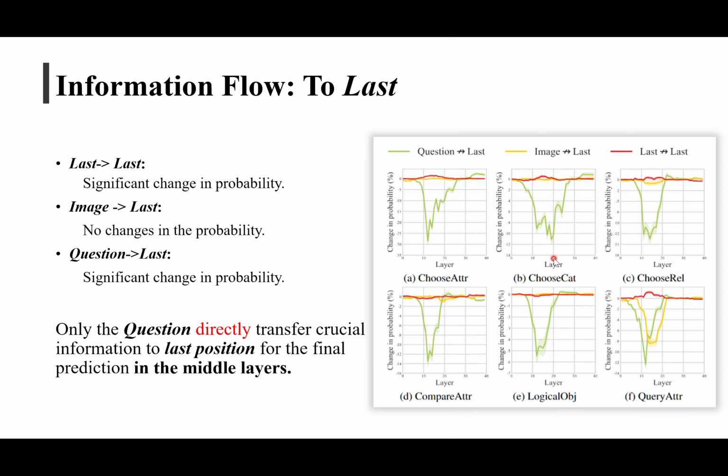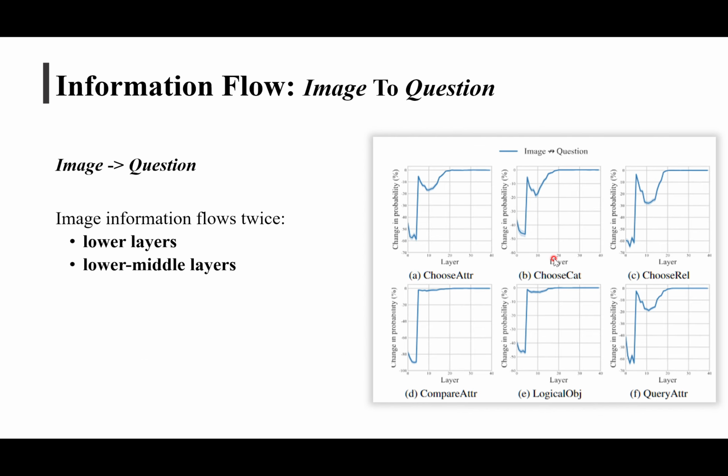We guess maybe the image contributes to the final prediction in an indirect way. So we conduct a second experiment. We block the attention edge between the image and the question, and we find that there is a probability drop.